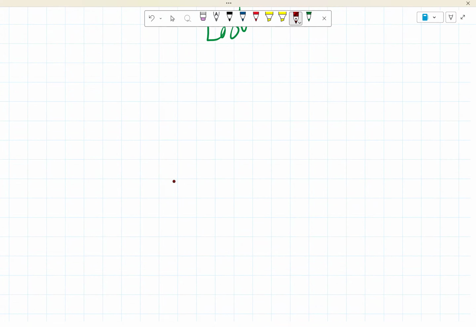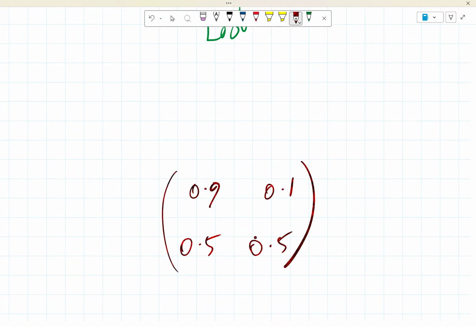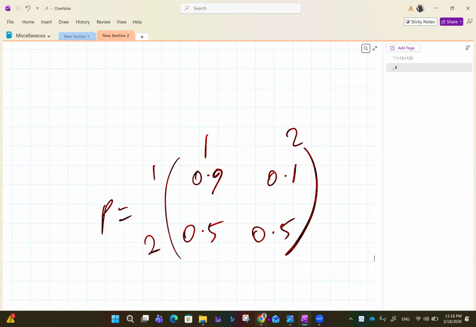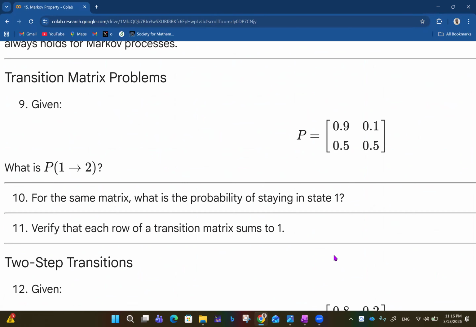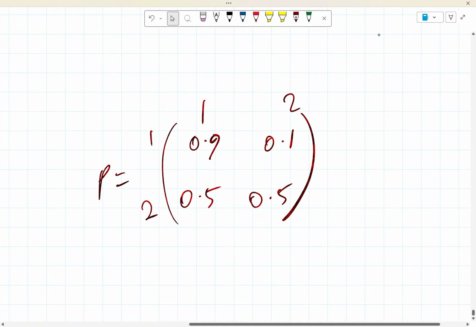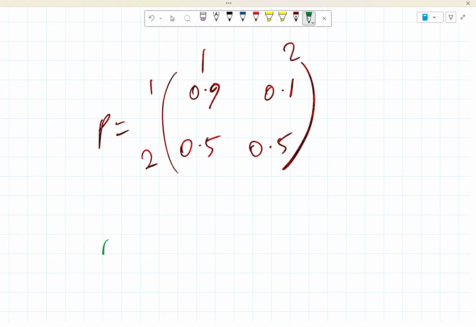So this is 0.9, 0.1, 0.5, 0.5. So let's say this is 1, 2, 1, 2. This is P, right? I think that should be P. Yeah, it's called P there. Good. So we have then the probability of 1 to 2, the probability that 2 happens after 1 happens.